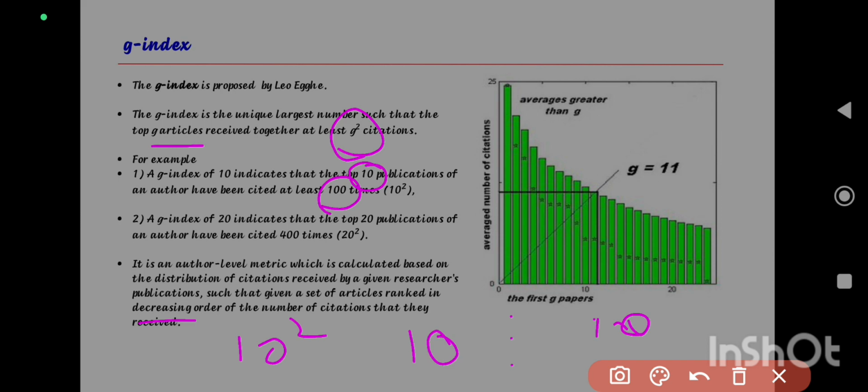So for G index, it is required that the papers, or the citations, are organized on the basis of decreasing order.